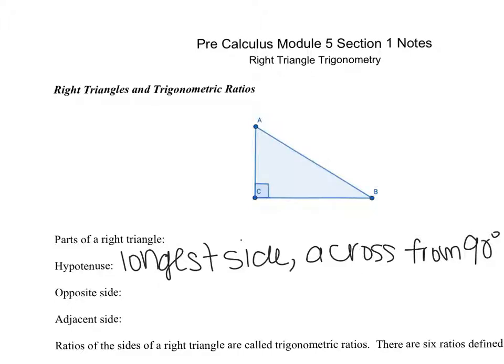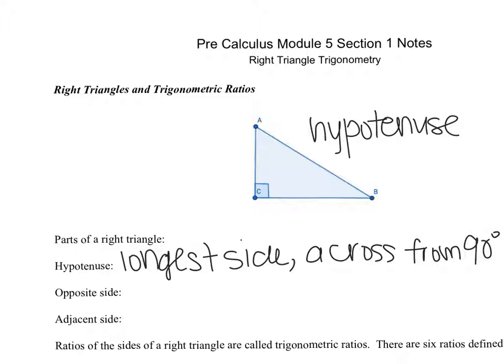So if we're looking at our triangle ABC, our hypotenuse would be side AB. So in a right triangle, the hypotenuse is the only side that we always know. It's always going to be in the same place.